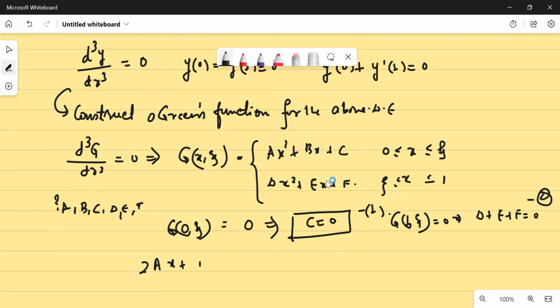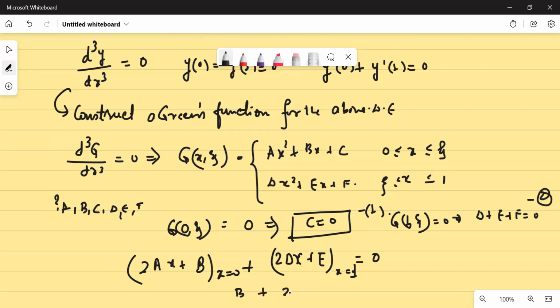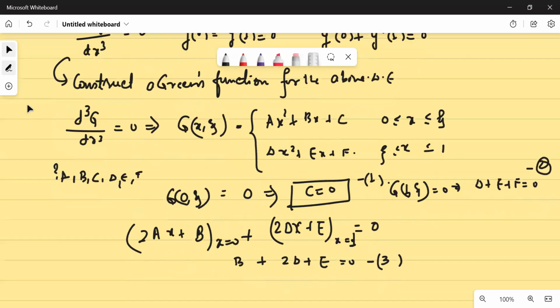So from the conditions I will get 2ax plus b, and then at x equal to 0 you have the derivative 2dx plus e, but at x equal to 1 this should be equal to 0. So you have a third condition in this form, that is, b plus 2d plus e must be equal to 0.